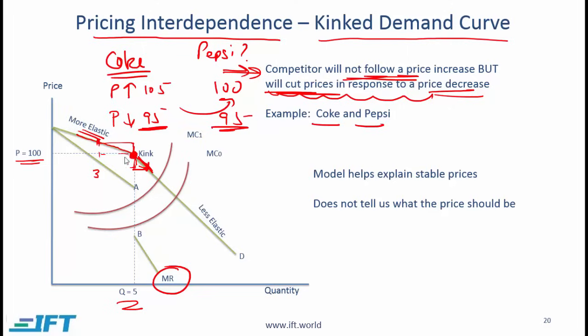If you have time, you can plug in some numbers and demonstrate that the marginal revenue is discontinuous. For example, you can say when the price increases from 100 to 105, the quantity comes down from 5,000 down to 3,000.